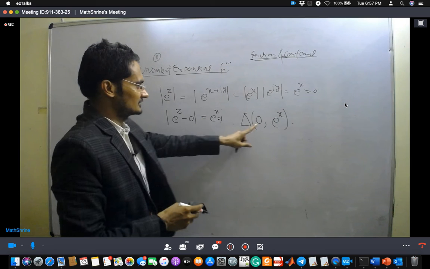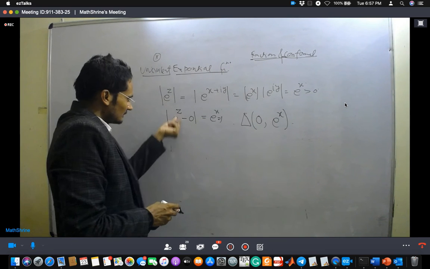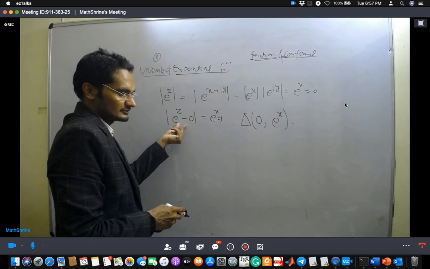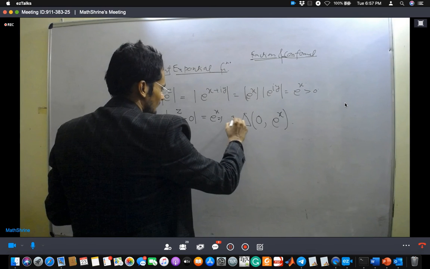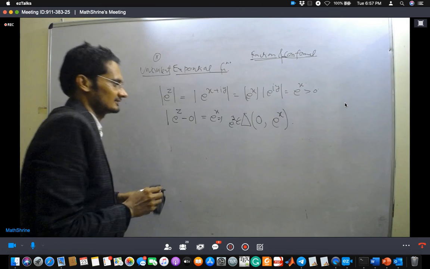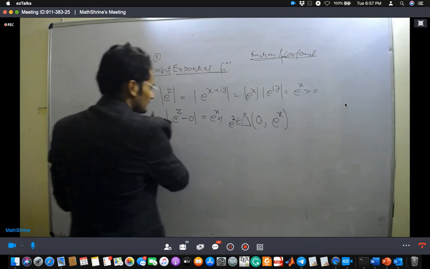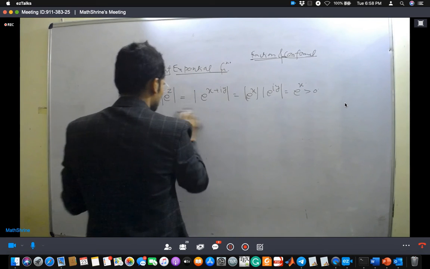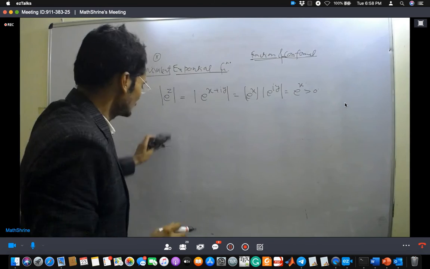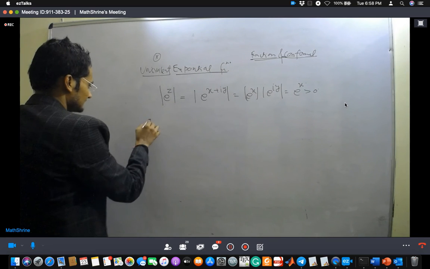We know that in complex analysis, suppose this is our C, this is the real axis, and this is our imaginary axis. Here will be our exponential function, e to the power z.